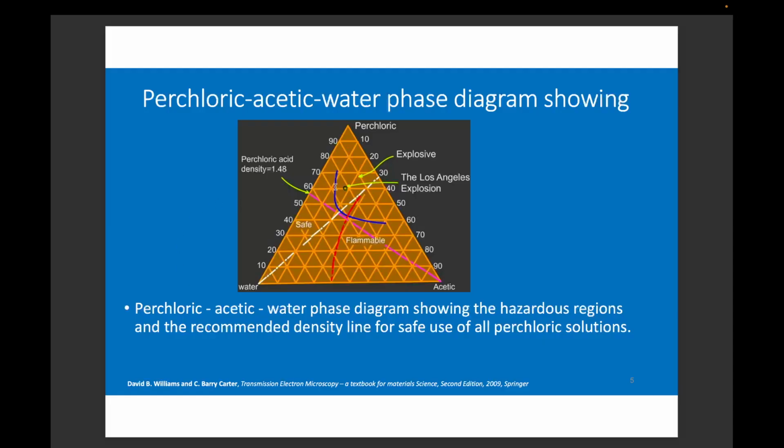The safe zone is somewhere here, below this white line. Going beyond this zone there will be a hazardous explosion, so we have to be careful about the combination of the material we are using for polishing.